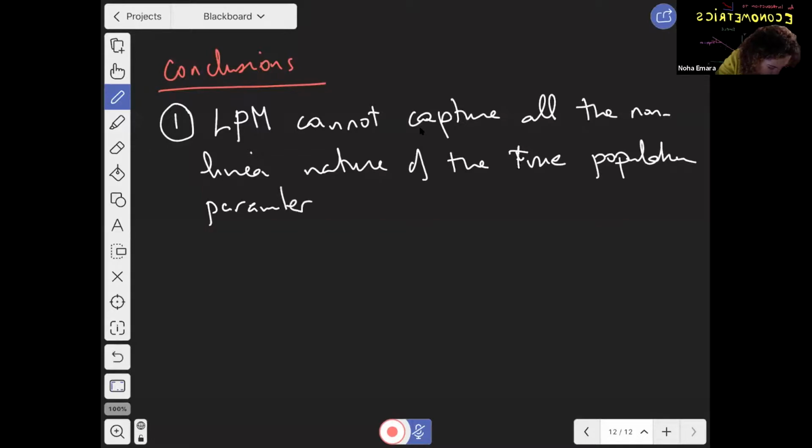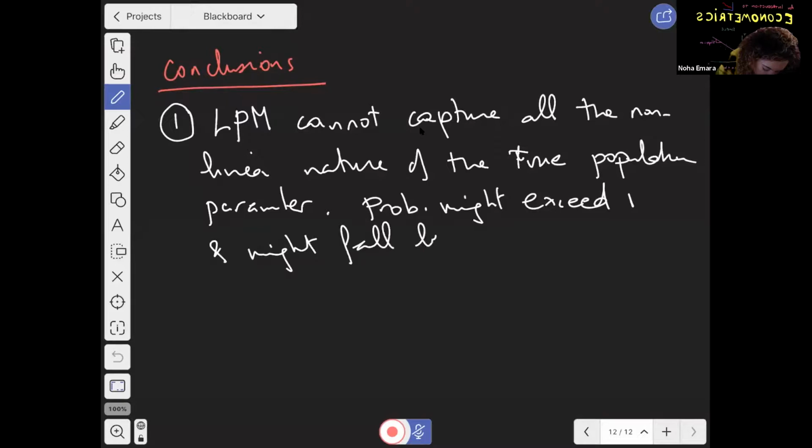Okay, so it can't capture all the nonlinearity of the y. And we also said the probabilities might exceed 1 and might fall below 0. Okay, so we have seen an example where this one is 1.5, and they treat it as 1. We have seen an example that negative 0.84, and they treat it as 0.